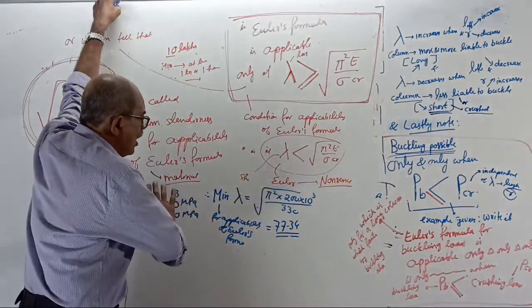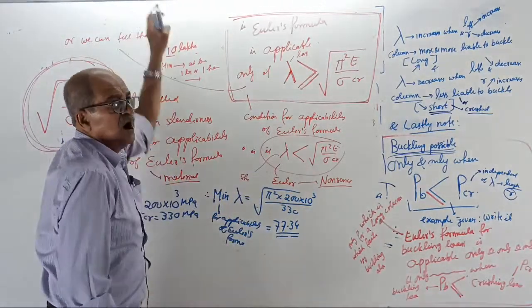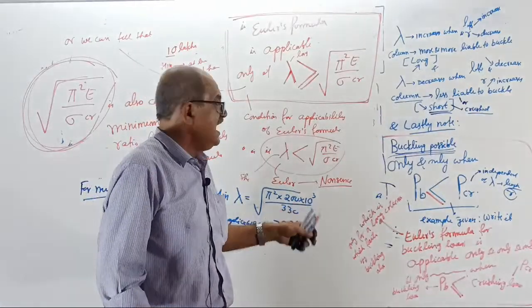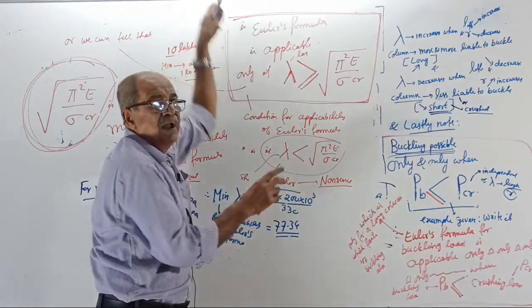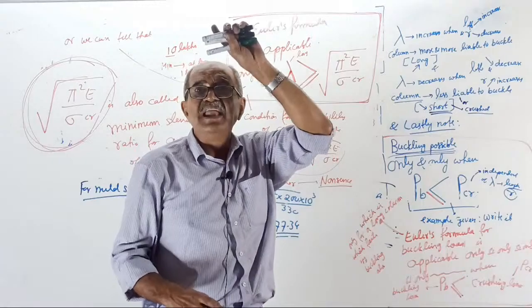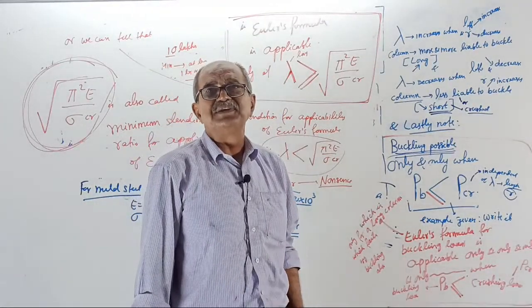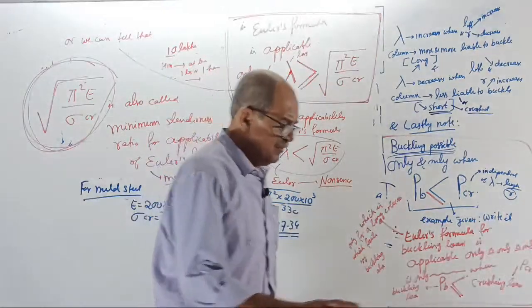Nobody wants that, but theoretically, you cannot apply Euler's formula for mild steel if the slenderness ratio is below 80. I said 80 because in olden days this value was 210. Remember, people who are a little experienced: in olden days E was 2.1 into 10 to the power 5, or 2.1 into 10 to the power 6 kg per centimeter square. It was 210 long back.